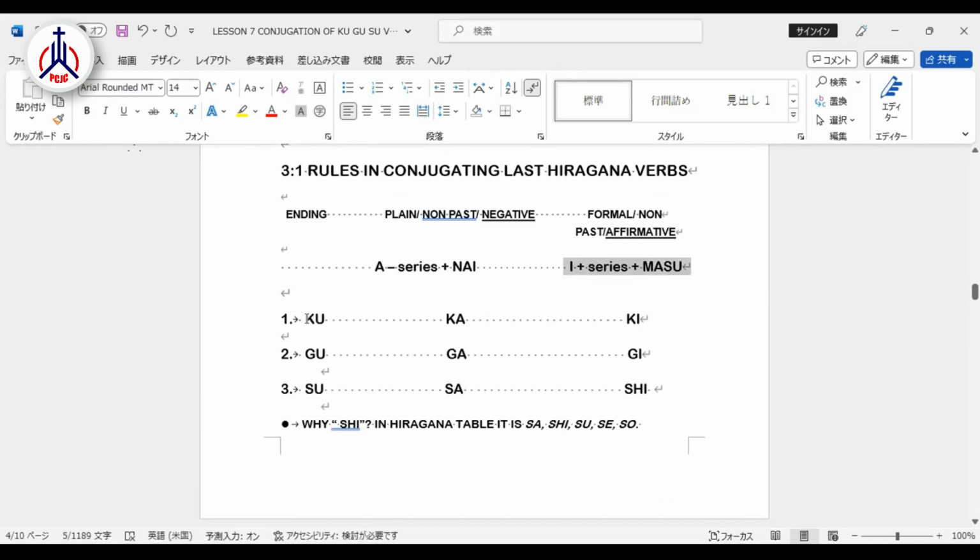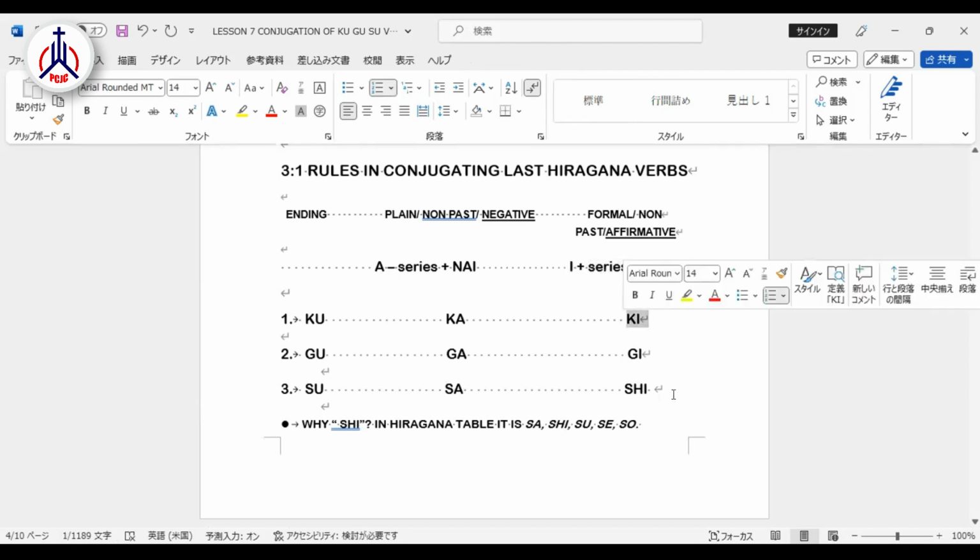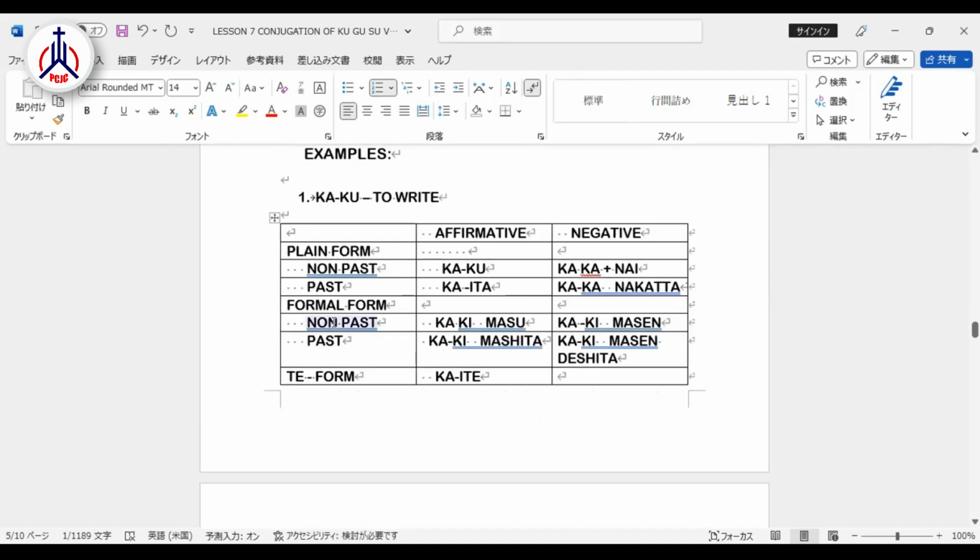So the ku will become ki, the I series. So the formal non-past is kakimasu. Kakimasen. Past is kakimashita. Kakimasen deshita.